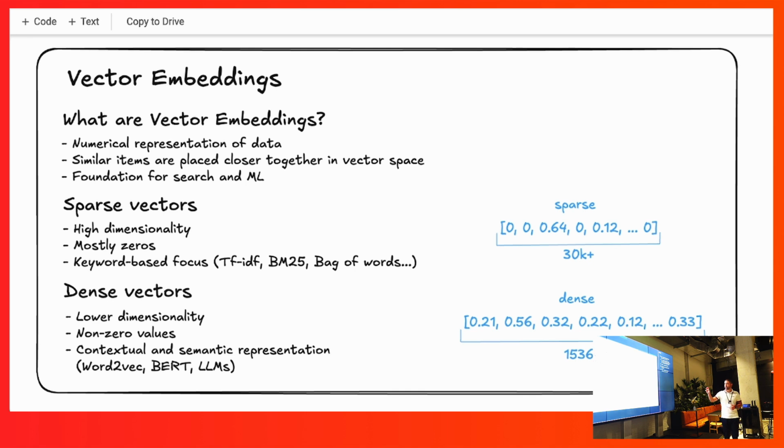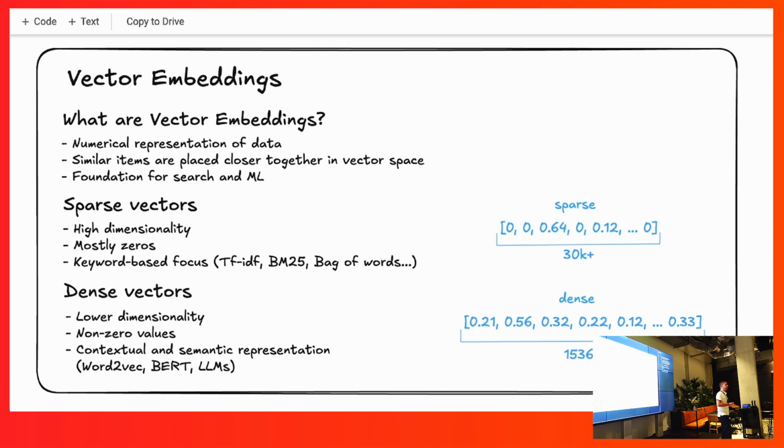Also, there are dense vectors, which are mostly produced by algorithms like Word2Vec, transformers, and today LLMs, and the dimensionality is much lower, and almost all values are non-zero.